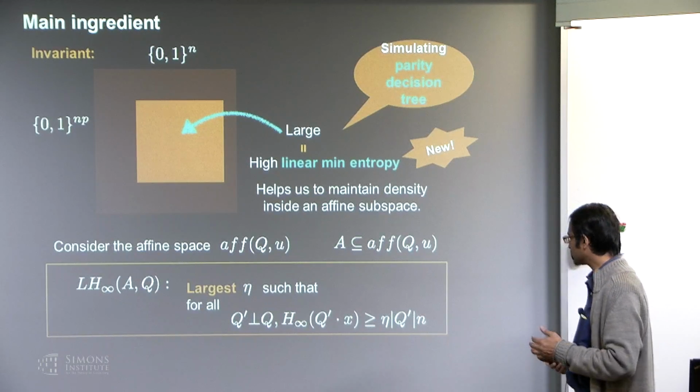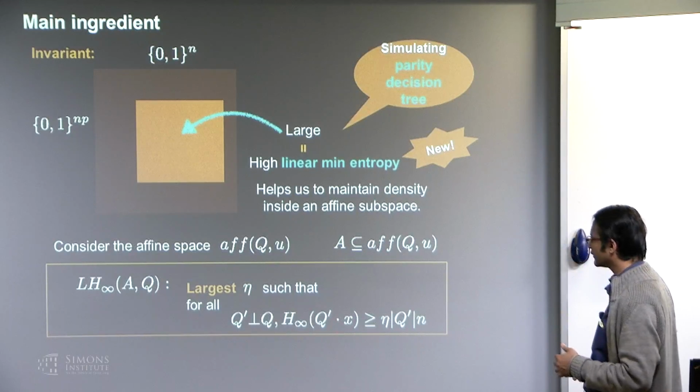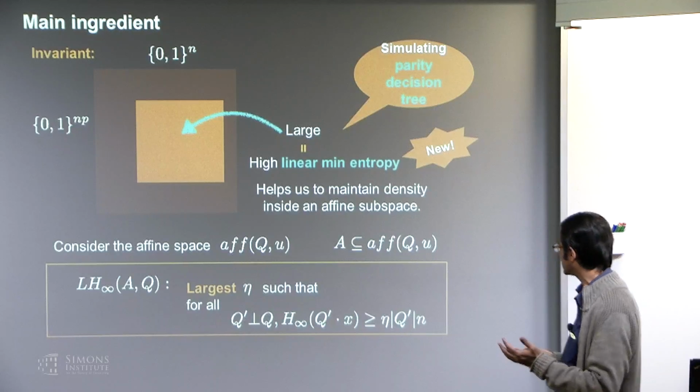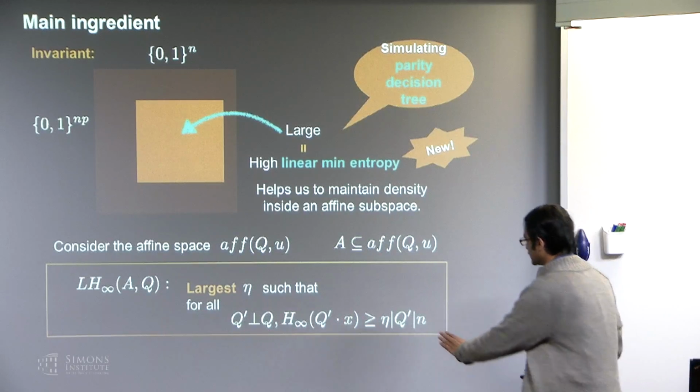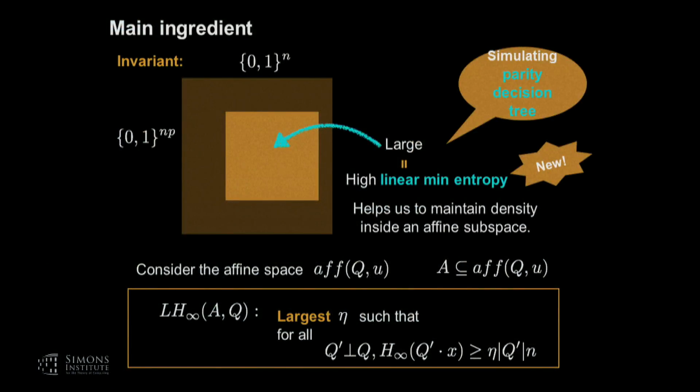Because you're looking at Q prime dot X. Now, if you look at this distribution, the largest min-entropy it could have had is, without the zeta, Q prime times n. And I'm saying that you should have at least eta times Q prime times n, for the largest such eta.